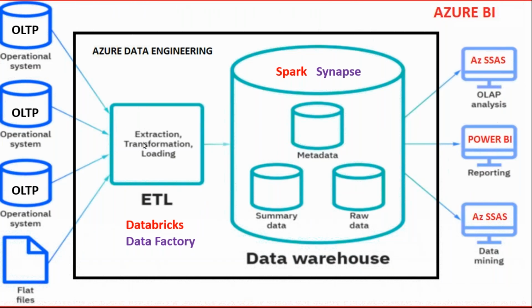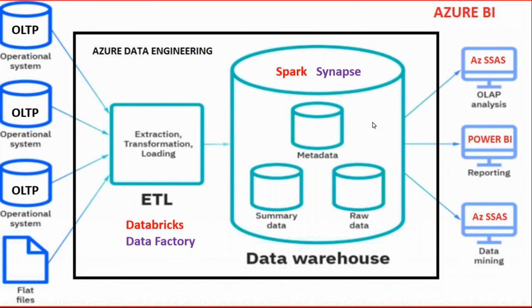And transform: union, merge, join, or clean unwanted data, convert required data, perform sorting activities, searching activities, filtering activities. We have something called data deduplication activities, etc. And load into a warehouse.